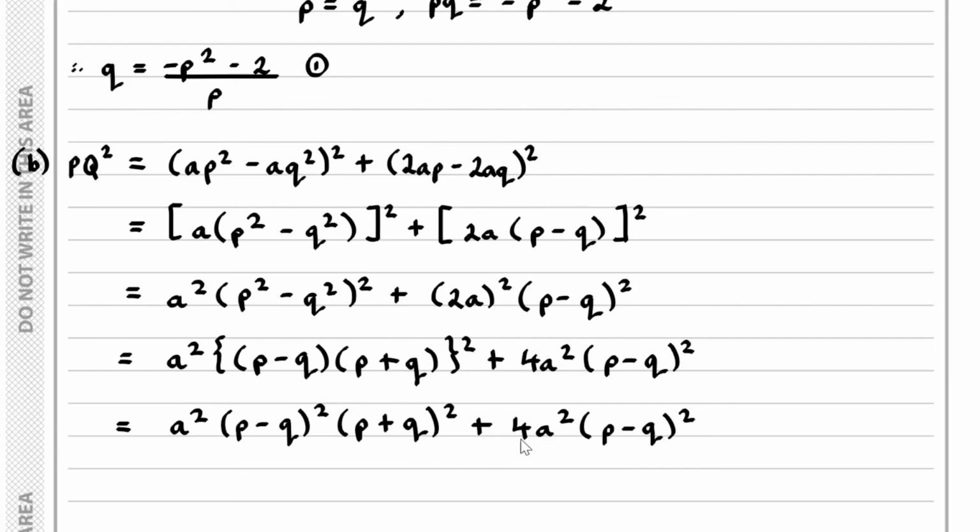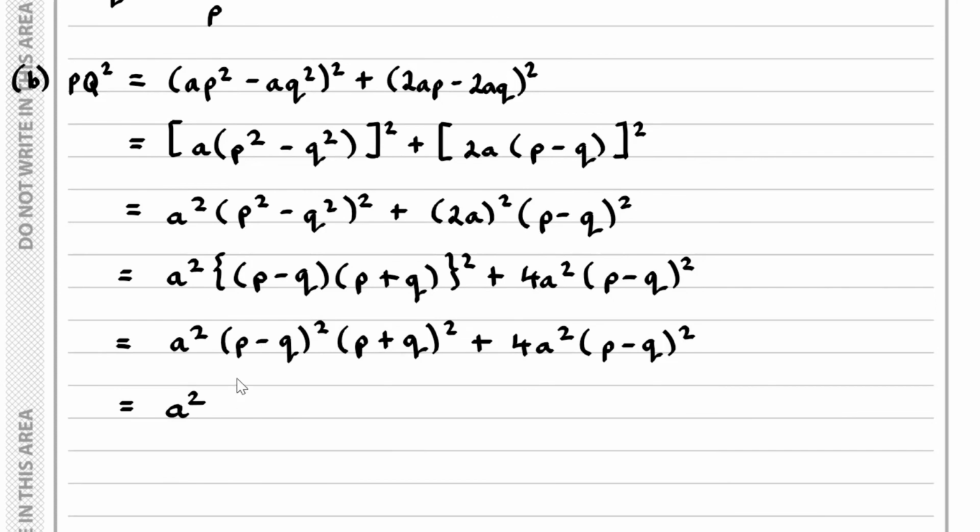And if I take out an a squared as a common factor, and then if I also take out a p minus q all squared as a common factor, then inside this bracket I will end up with p plus q all squared plus 4.